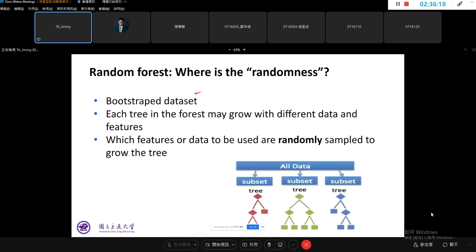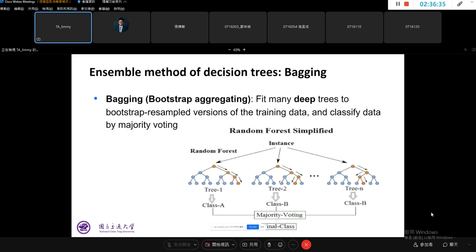As Professor Lin mentioned, you need to bootstrap the data set, and each tree goes with different data and different features. Which features or data are used is randomly sampled to grow a certain tree. You can see that tree 1 and tree 2 are grown from different data sets, so their predictions will also be different. But after you grow many trees, you use majority voting to decide your final classes.